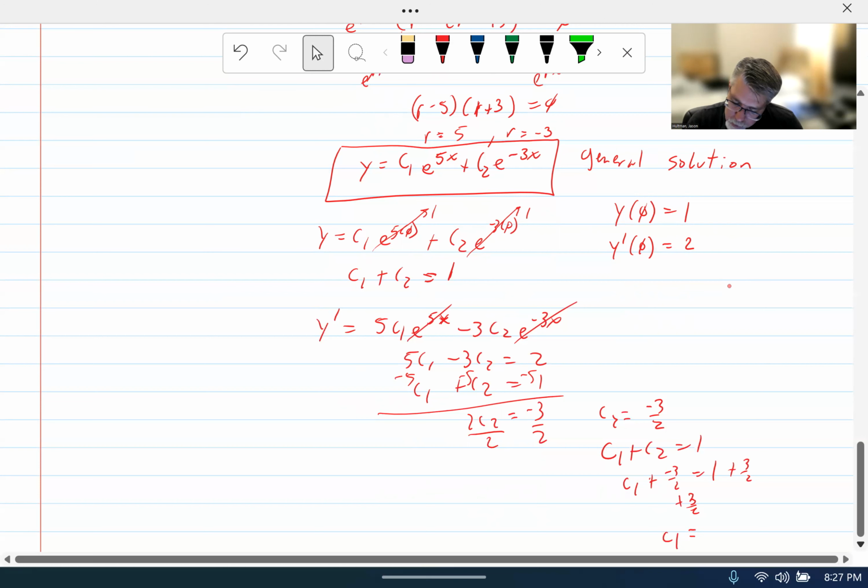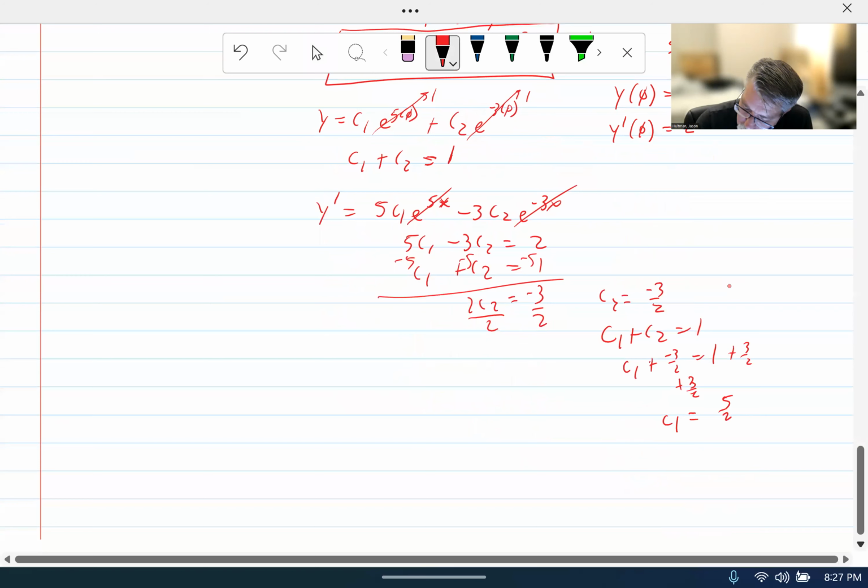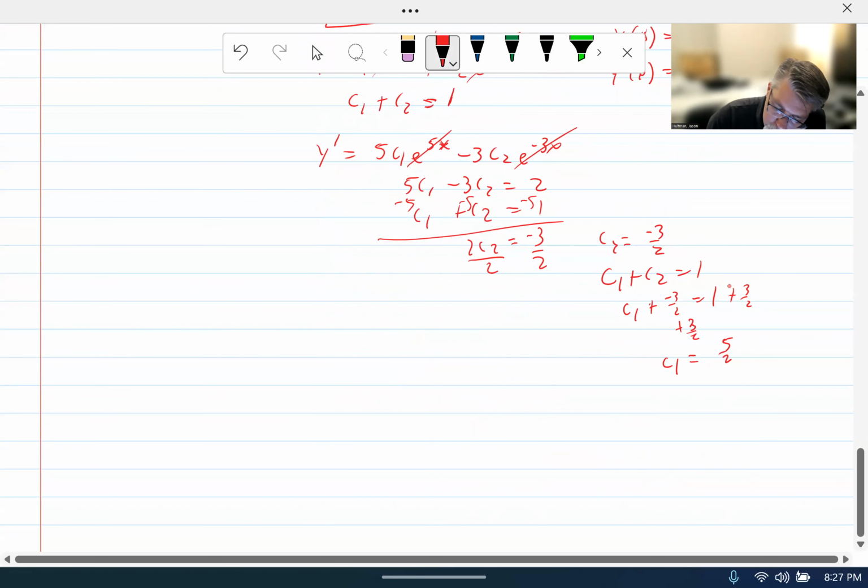So c1 would equal 5 halves. And so my particular solution would be y is equal to 5 halves e to the 5x minus 3 halves e to the negative 3x.